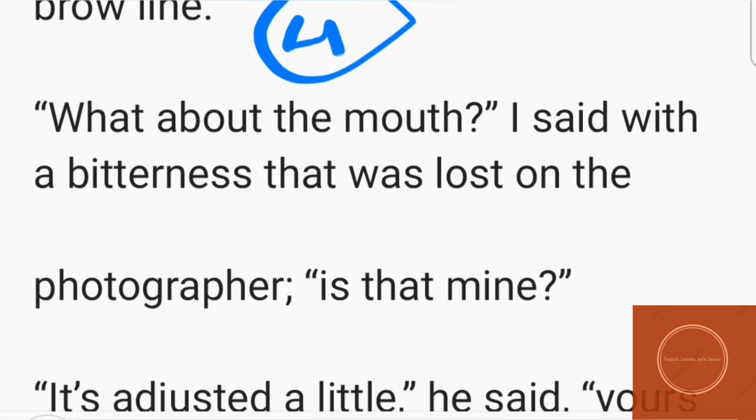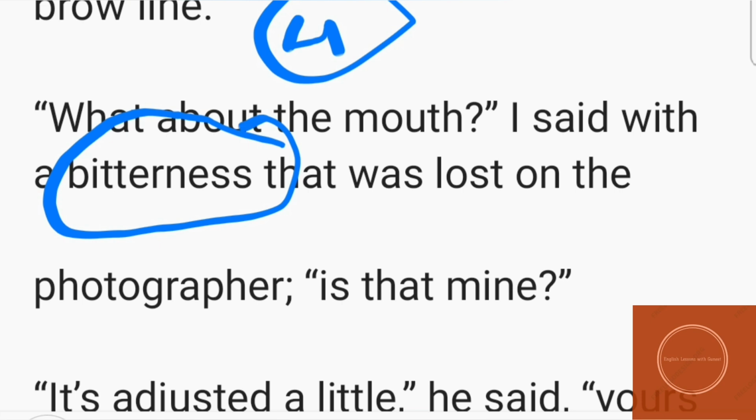It just looked weird. Now, why was this bitterness there? Because he could not even have expected that the photographer could do something like this, because he had come to take a photograph of himself, the real self that he was.